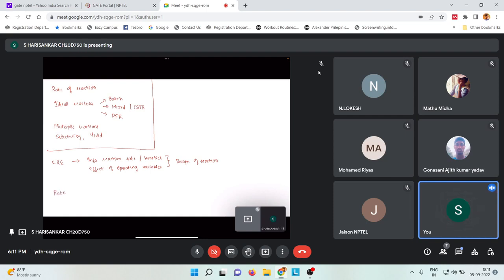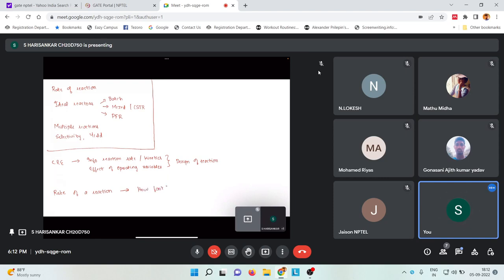So what is the rate of a reaction? In layman or very simple terms, can anyone say what you mean by rate of reaction? Rate of reaction is basically just how fast a reaction can occur, in a very simple and vague term.